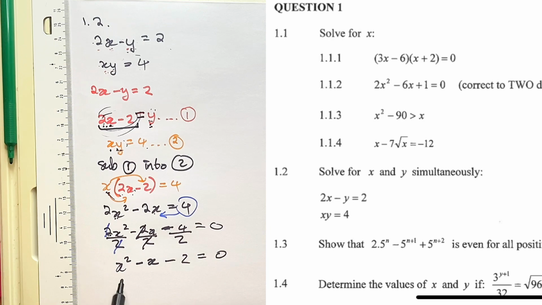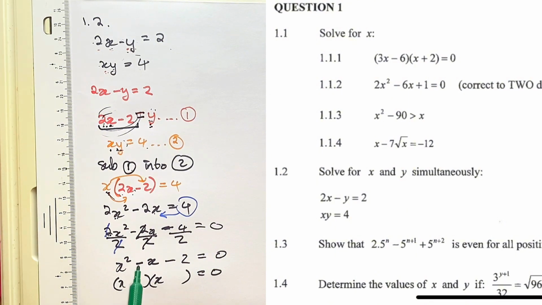So now when I factorize, I will have x on both sides. This should be simple for us now, that when you have a negative sign on the last term, that means the signs in the brackets will be different. And then we find the factors of 2 that when we add or subtract, they give us minus 1.